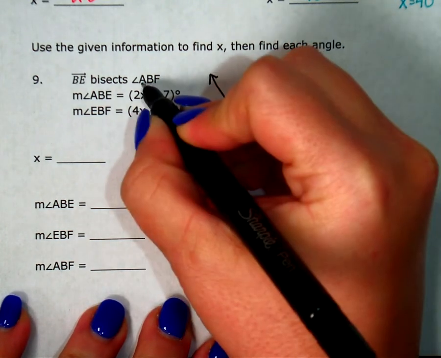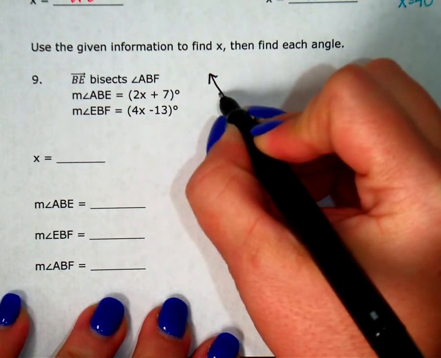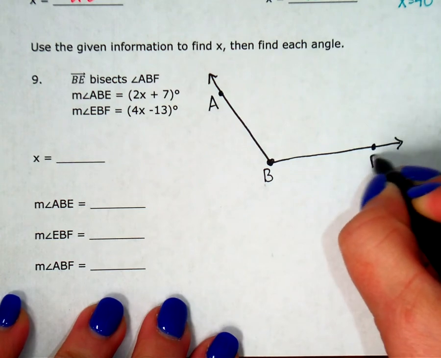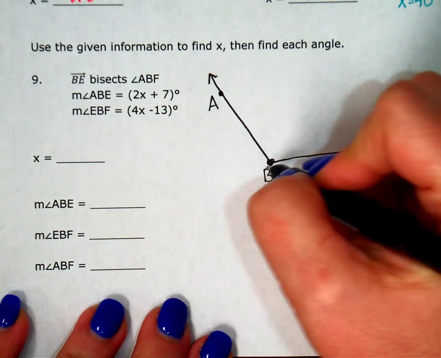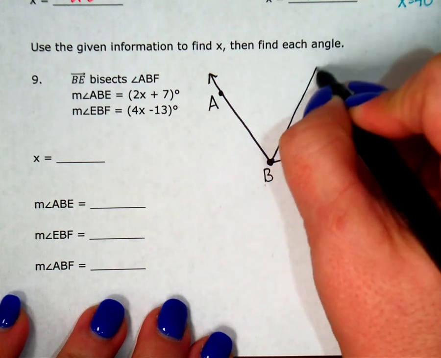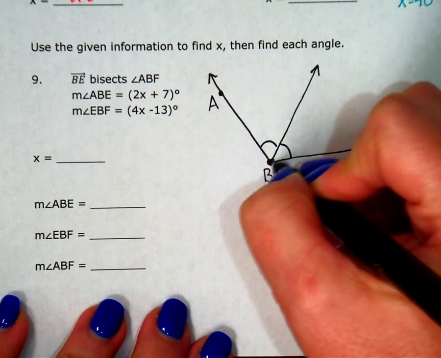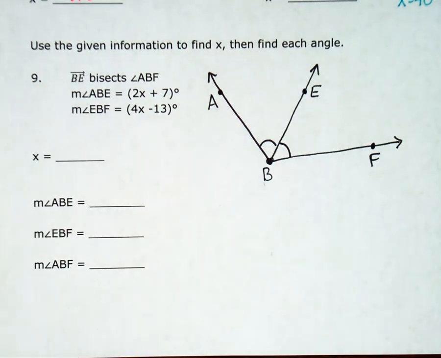This is angle ABF, so B is in the middle, and then A and F can go on either side. Ray BE is bisecting it, so it's dividing it in half. So it's coming out like this, and it's dividing it into 2 equal pieces, and it's ray B that goes through E. So now that I have my picture drawn, I can go ahead and start filling it in.